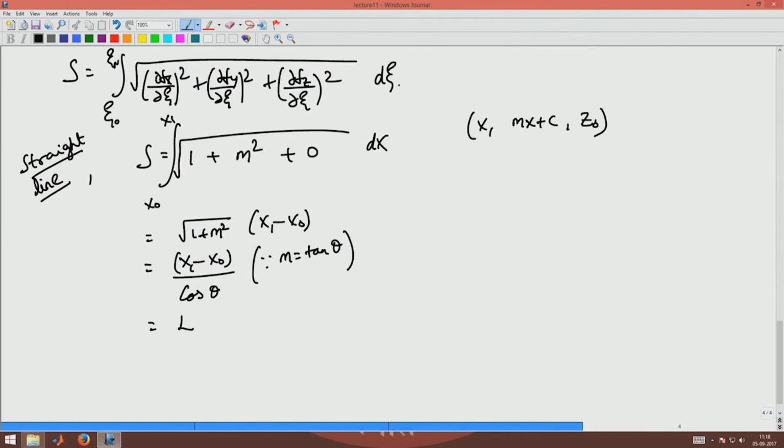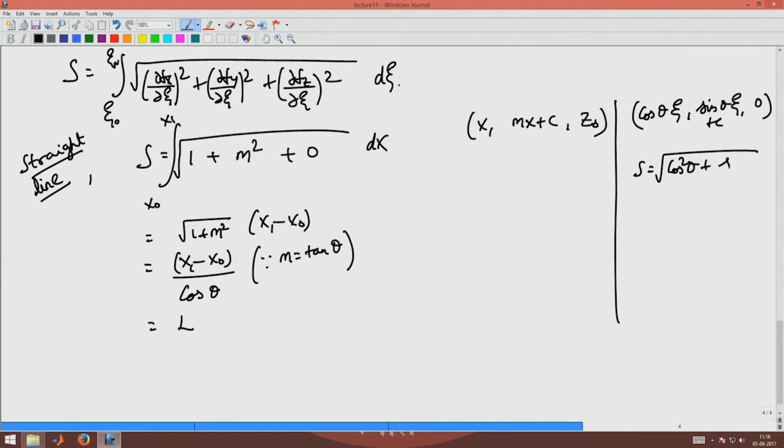Same thing if I use cos theta psi, sin theta psi, 0 plus c as the equation of the line, then S is going to be the root of cos square theta plus sin square theta, d psi, integrated from psi 0 to psi n, which is psi n minus psi 0, which is nothing but the length of the member.